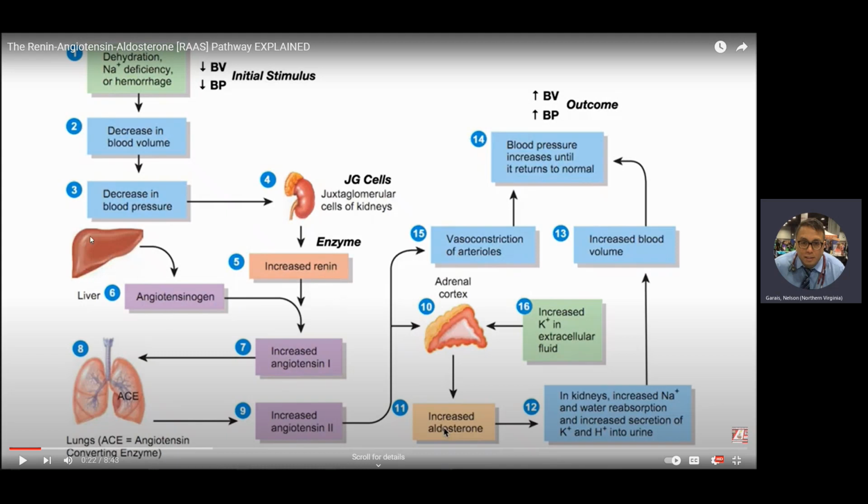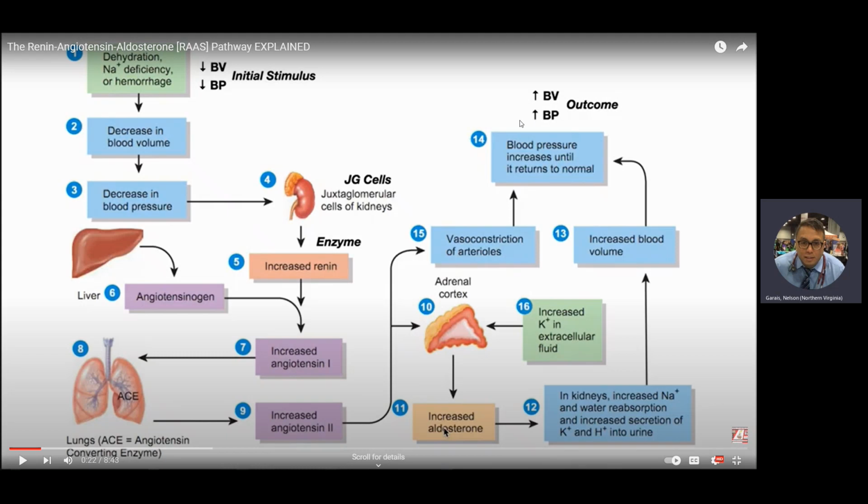I have angiotensinogen from my liver. So what's that going to do? It's going to change into angiotensin 1, which in my lung, because of angiotensin converting enzyme, is going to change into angiotensin 2. And then the overall function is two functions: increase in my vasoconstriction of my arteries and increase in my blood volume.